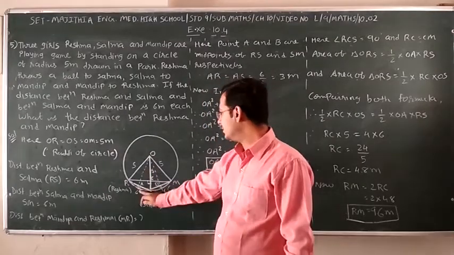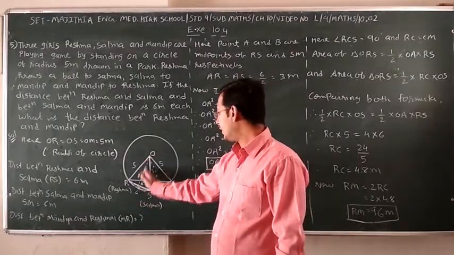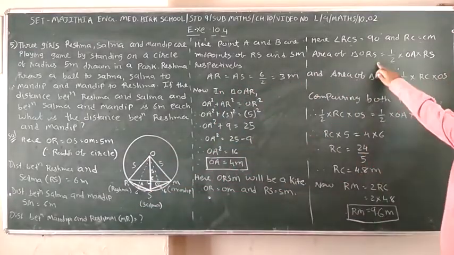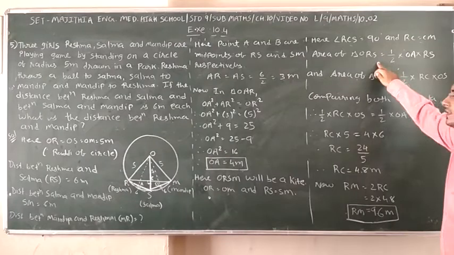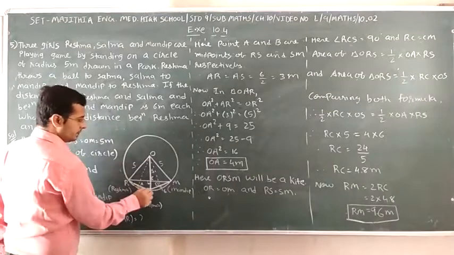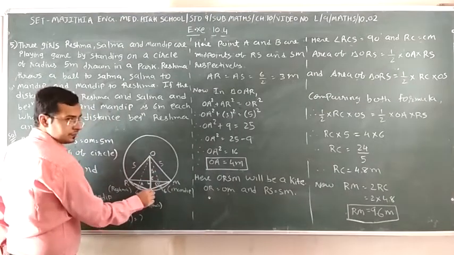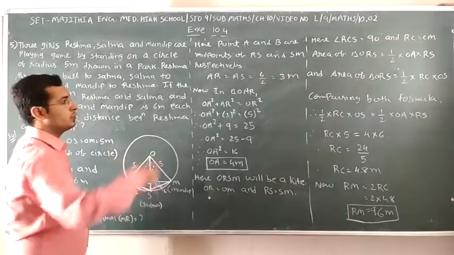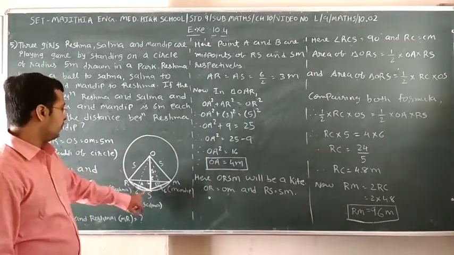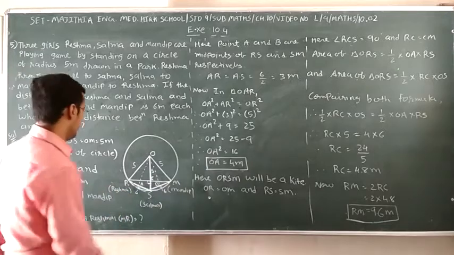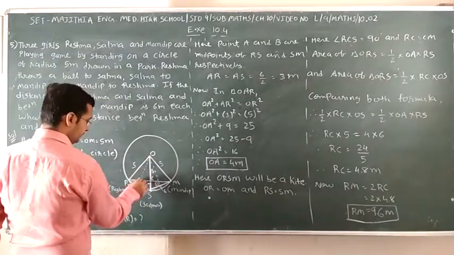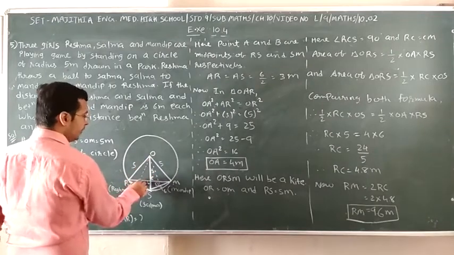Now the area of triangle ORS: that is also altitude, and that is our base. So 1/2 into OA into RS. Another way for the same triangle ORS, that is RC, and this is the altitude OA.